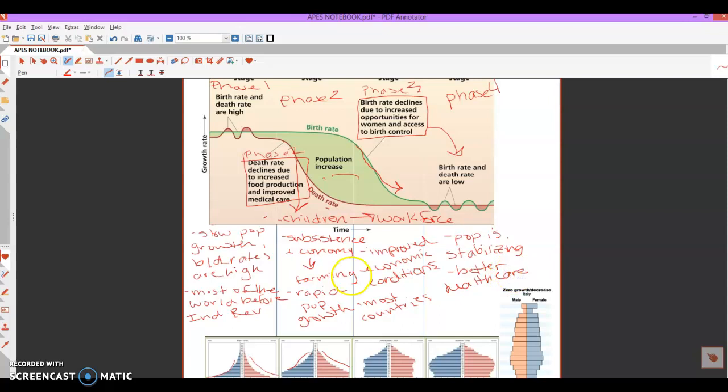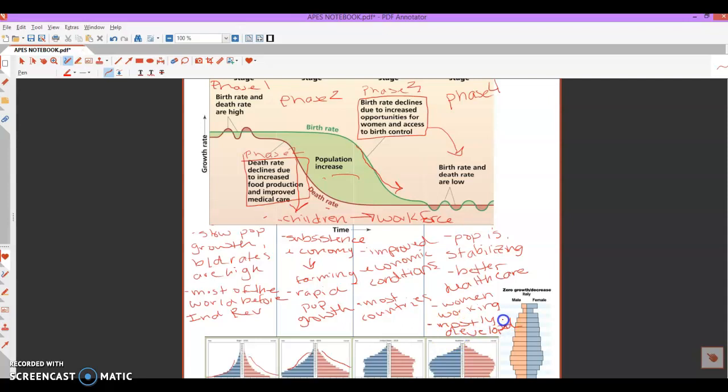Most women are part of the workforce, so women are working and choosing to delay having children. So this is going to be most developed countries in the world. Mostly developed countries.